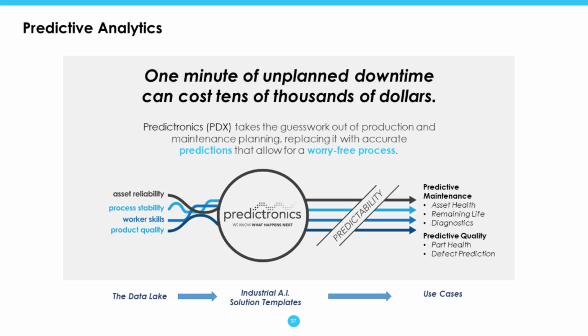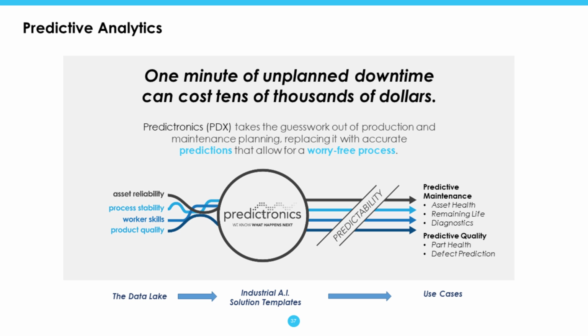The first part is, where's my data? I need synchronized data. I need data from the machine, data from quality, data from the process, and so forth. So it's very important to get connected and make sure that data is available. Data quality is important. The integrity of the data is important.